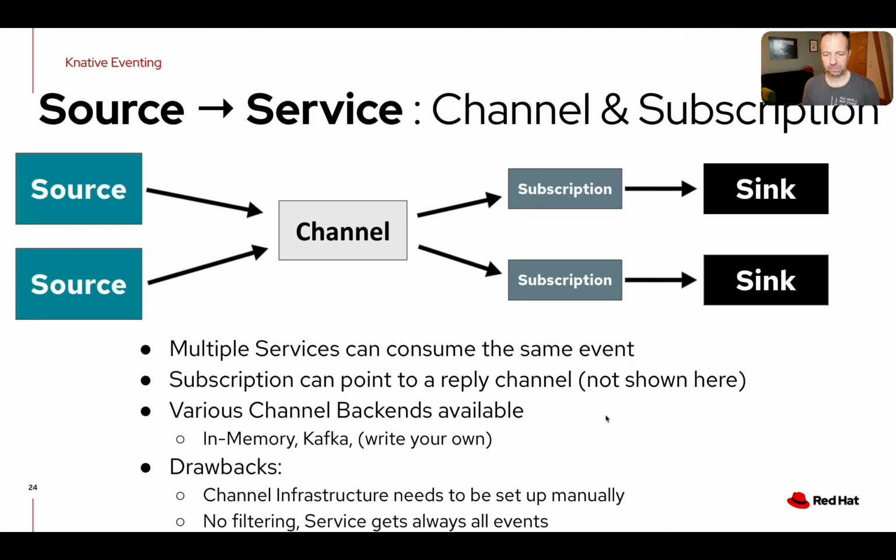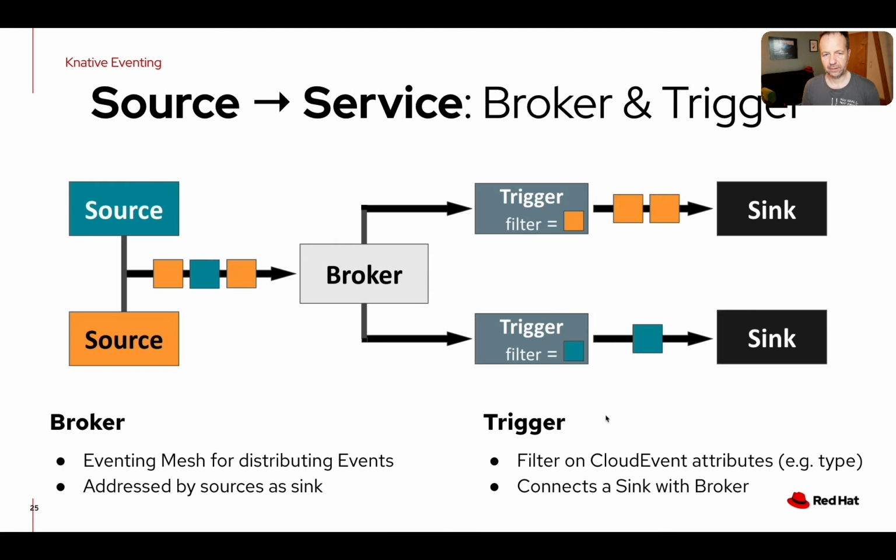You can also have more advanced setups, like the subscription can also provide a reply channel, so that any reply by the sink, which is the HTTP response from the request, gets routed to another channel. And again, you have multiple channel implementations, so you can use in-memory or Kafka. The drawback is, of course, that you have to set up a lot of stuff manually. There's no filtering, and services get all events.